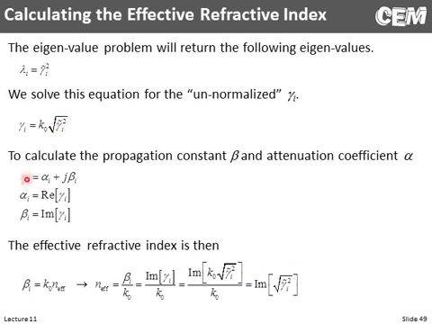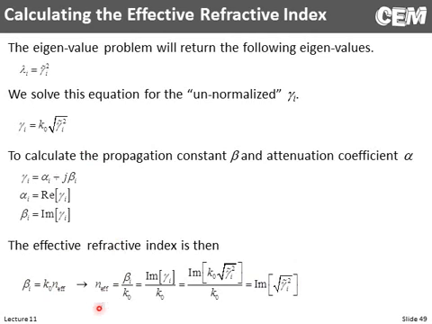We're going to realize that this is a complex number. There's an alpha and a beta. The alpha is going to describe attenuation. The beta is going to describe oscillation or wave propagation. So the real part's alpha, imaginary part's beta. The beta, our ordinary propagation constant, is k0 times the effective refractive index.